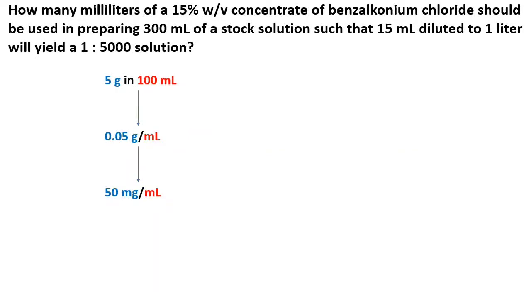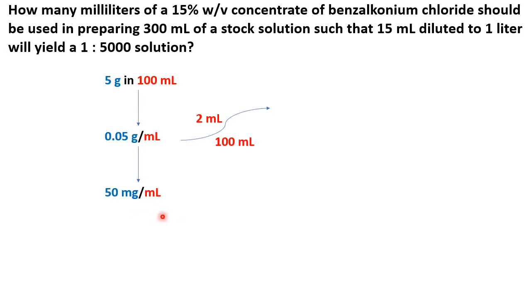Okay, now suppose we dilute this solution by taking 2 milliliters of it and putting them in a 100 milliliter flask, and we complete the volume to 100 milliliters. So we took 2 milliliters, and 1 milliliter contains 50 milligrams.